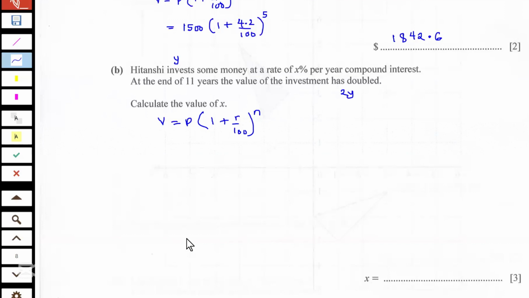So all we're going to do now is to substitute this into the formula. Value of investment, which is 2Y, equals the principal, which is Y, times 1 plus the rate.